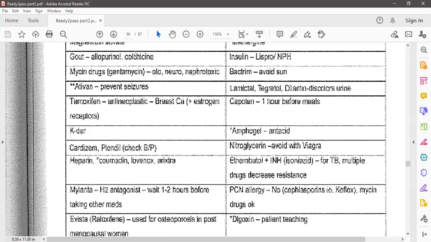Pain and inflammation occur when too much uric acid crystal deposits in the joint, right?